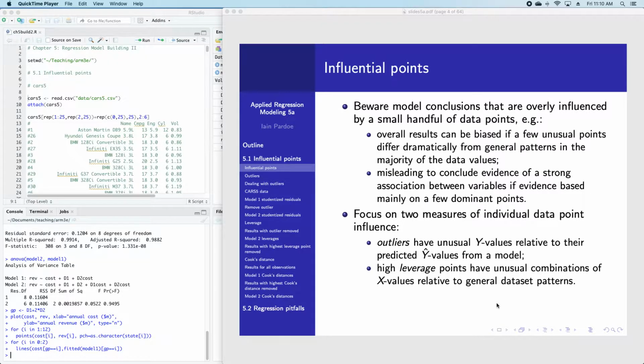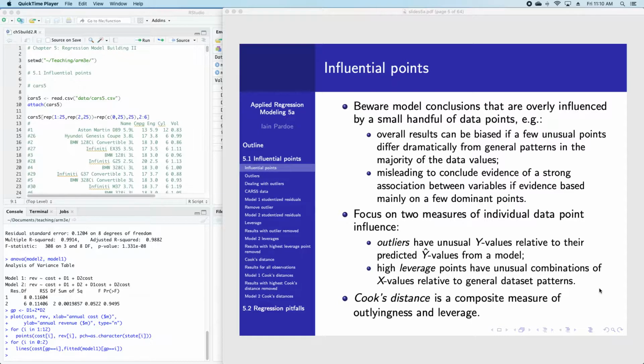So the distinction here is outliers are points that have unusual response values, so unusual values of y, whereas high leverage points are points that have unusual x values, so unusual predictor values. And then we're also going to look at a measure that is, if you like, a composite measure of both of these concepts.